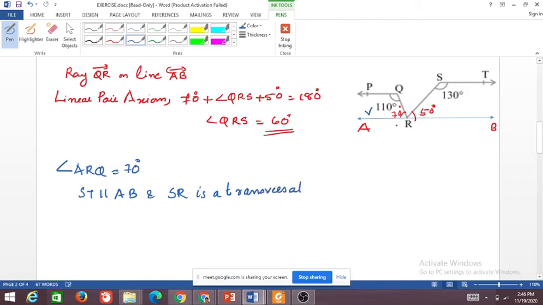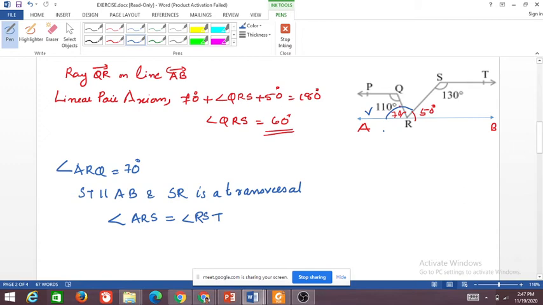can you say that angle ARS and angle RST are equal? Angle ARS, this angle, and angle RST.